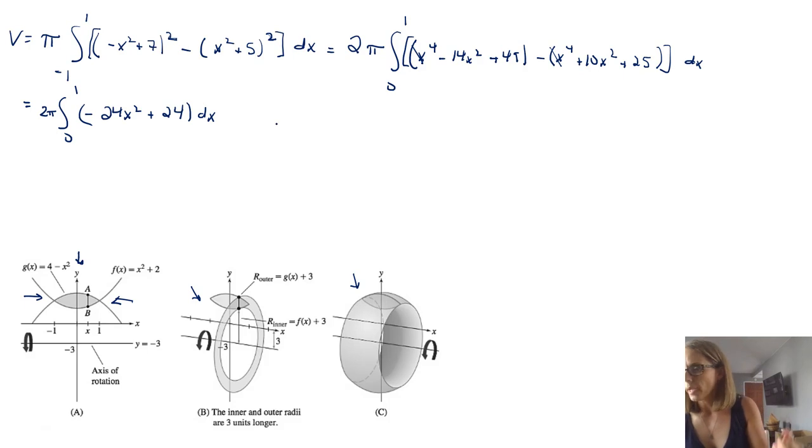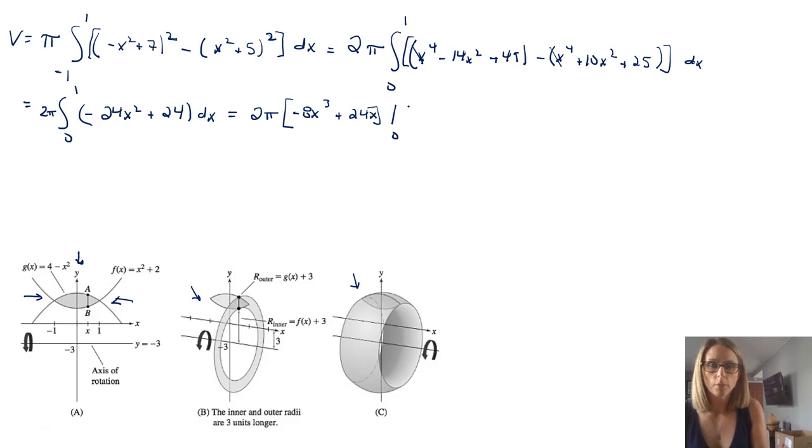And sure, you have options here. If you wanted to pull out the 24, you could do that. It's up to you. Or you can just take your antiderivative like it is. So we'll add 1, we'll have x cubed, and then of course dividing by that will give us a -8. And then we'll have plus 24x, and that's going to be evaluated from 0 to 1.